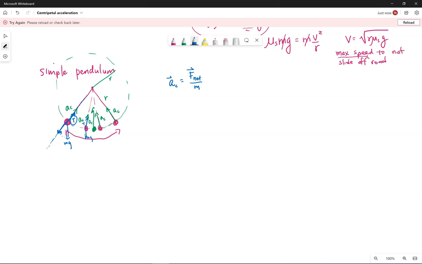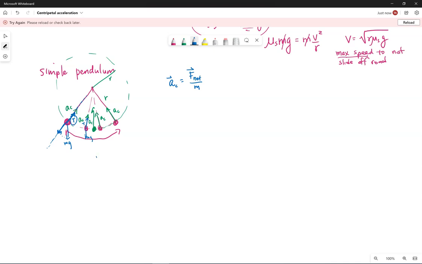So to look at problems dealing with centripetal acceleration, we will need to look at a specific moment in time to relate the forces to the centripetal acceleration. The centripetal forces in this case, though, are the tension, always towards the center, and a component of gravity.